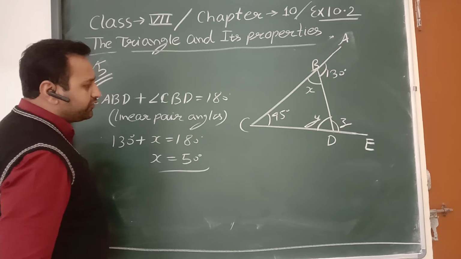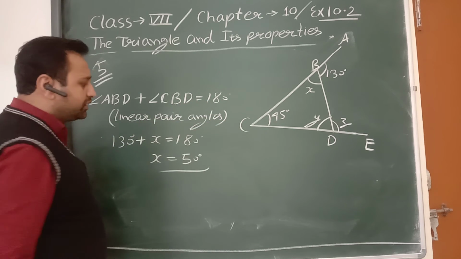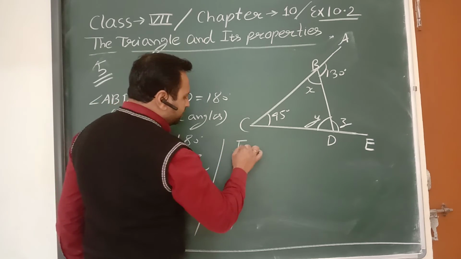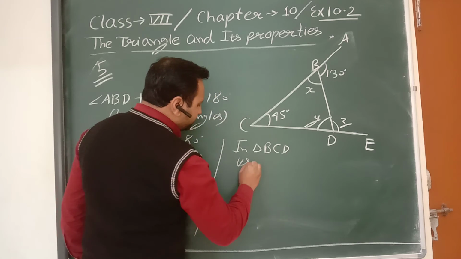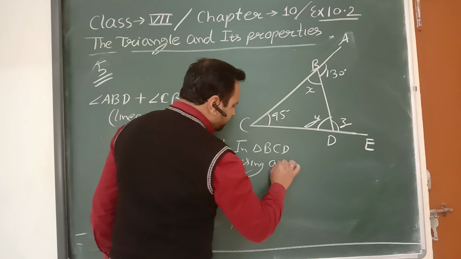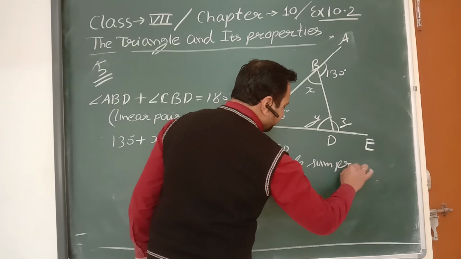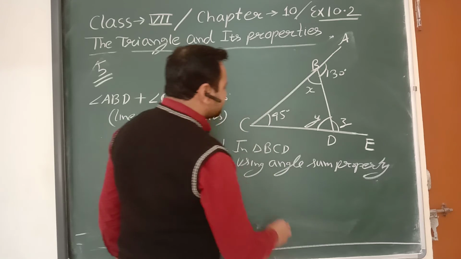Now we calculate y. To find out y we can use the angle sum property in triangle BCD. So in triangle BCD, using the angle sum property. So what is the angle sum property?